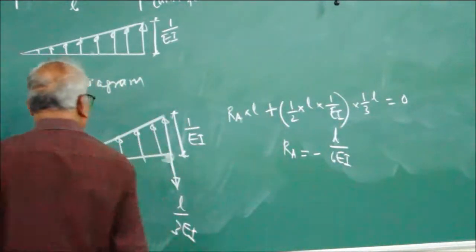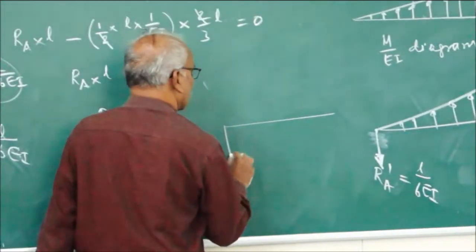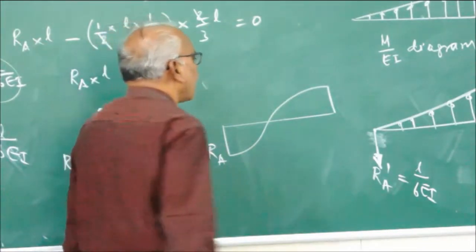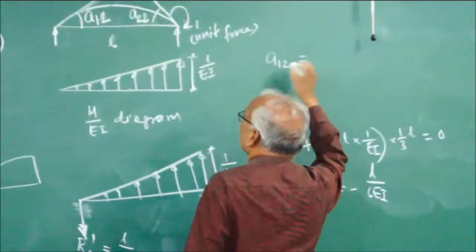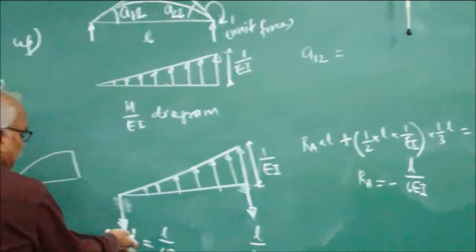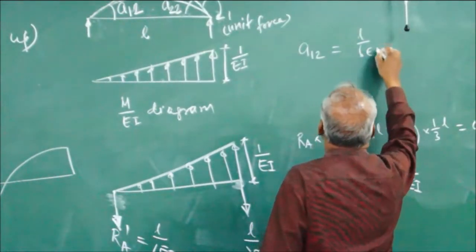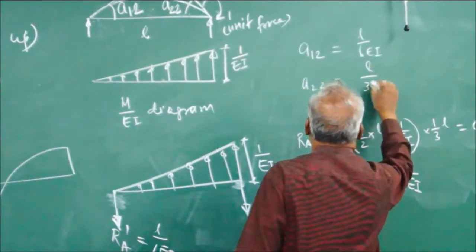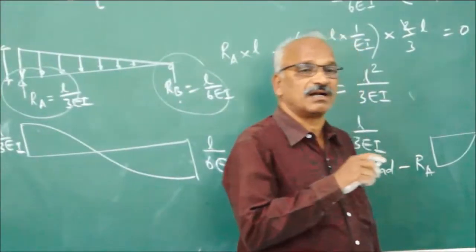Again, when you draw the shear force diagram, it is like this. So, the slope here, A12 equal to L by 6EI. A22, the directions are downwards.